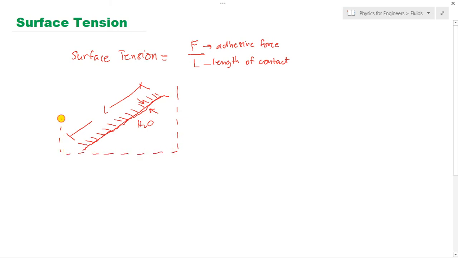The surface tension is abbreviated as capital T, and it is equal to the force over that length. If we have a force of 10 newtons over 2 meters of contact, that is 10 over 2, which is equal to 5 newtons per meter, meaning 5 newtons exerted for every meter between the water and the surface of the object.